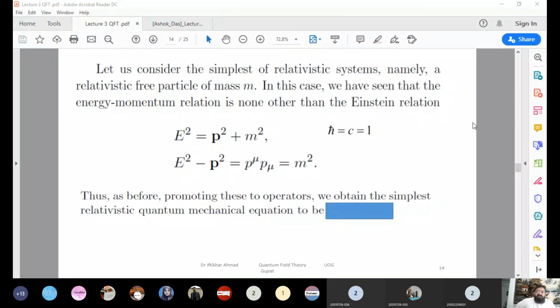It means that P square is equal to m square. Thus, as before, promoting these to operators, we obtain the simplest relativistic mechanical system using these operators.